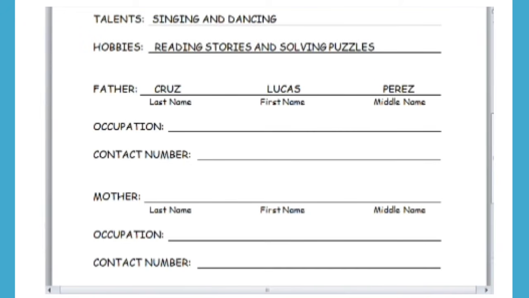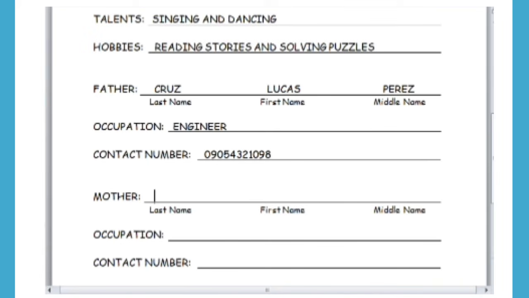Okay, occupation. This refers to the job or work of your father. Let's say John's father is an engineer. Next, contact number. Let us just put this number 0905-432-1098.